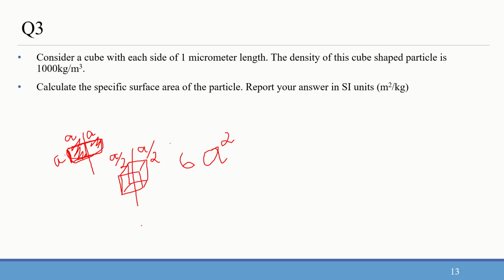And what is the surface area of the cuboid? It will be like 2 into a by 2 into a, plus L into W, which will be a square, plus L into H, which will again be a square by 2.